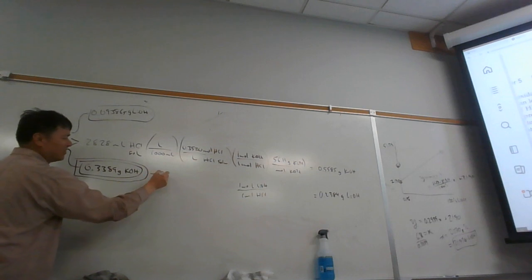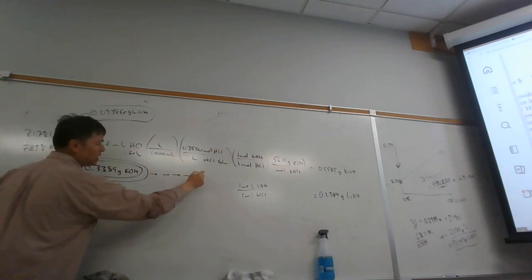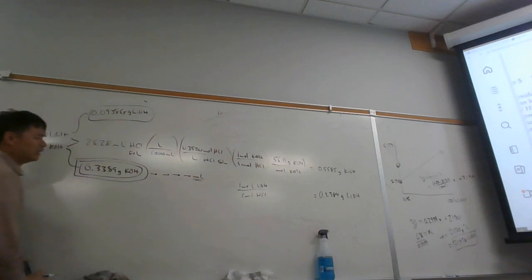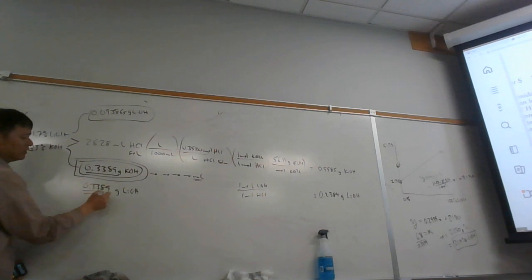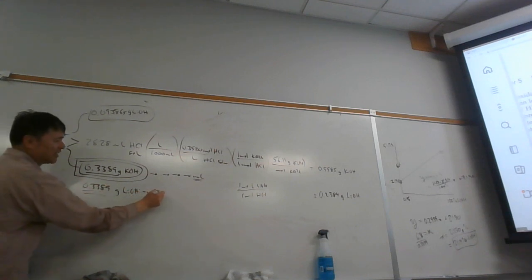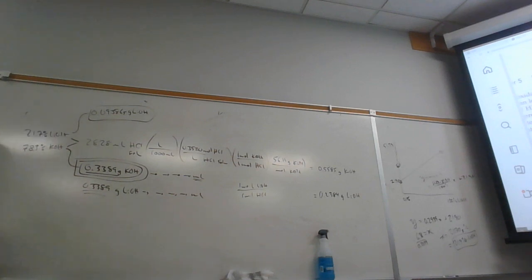And then I'm going to calculate how many milliliters I'll need, although it's going the other direction. And that's going to give me how many milliliters. And then I'm going to take this amount here and then assume it's 100% lithium hydroxide. 0.3389 grams of lithium hydroxide, and then I'm going to calculate how many milliliters. It's the other direction, but it's kind of the same thing.